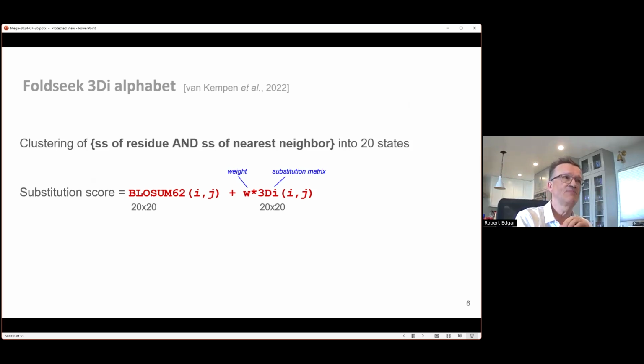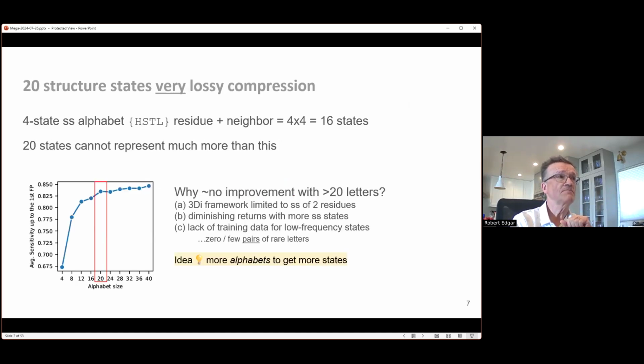This captures both secondary and tertiary structure at that position. Now the substitution score has an amino acid term, and then you add a 3Di term with some weight that says how important 3Di is relative to amino acids.